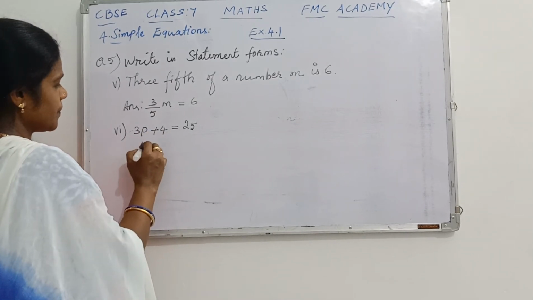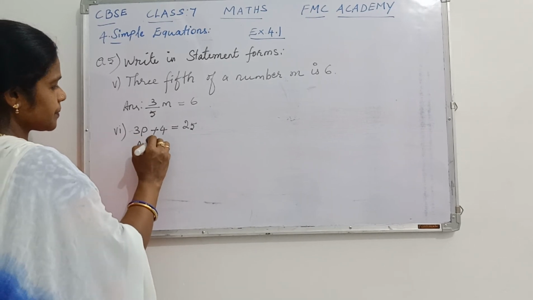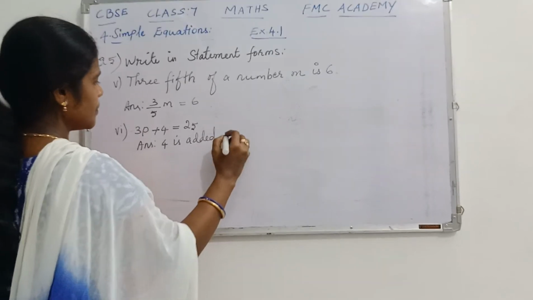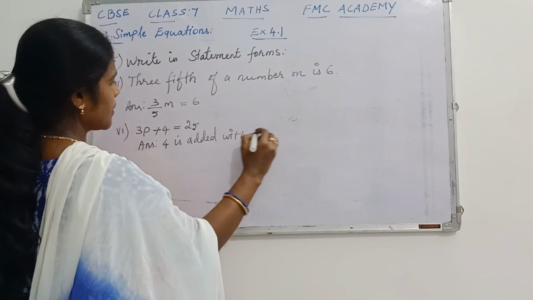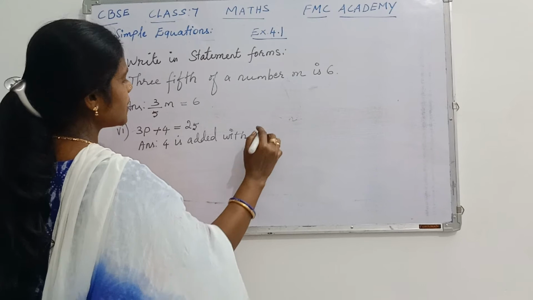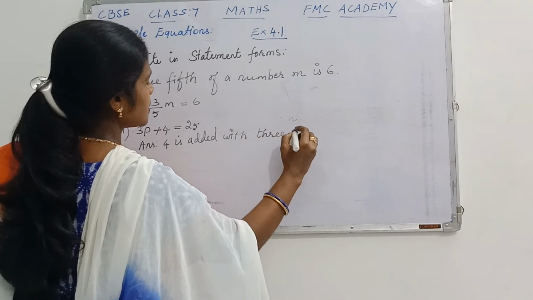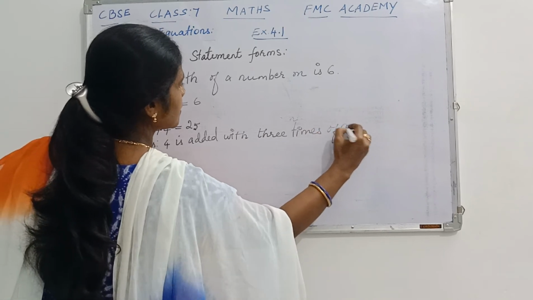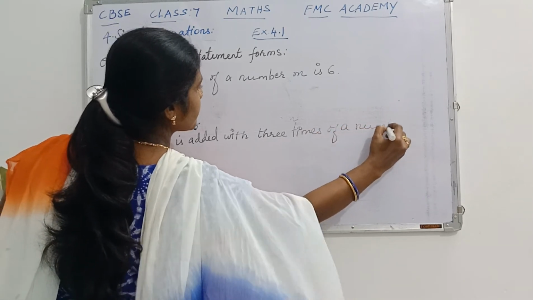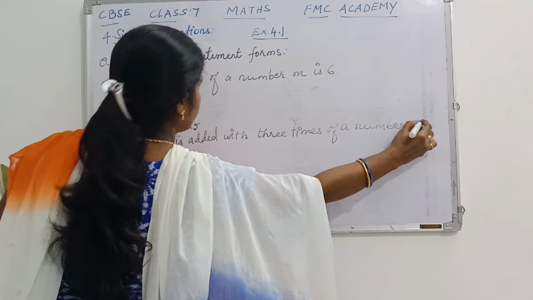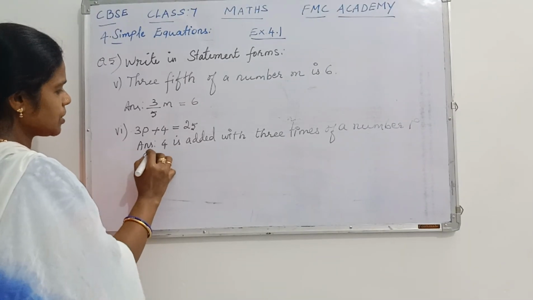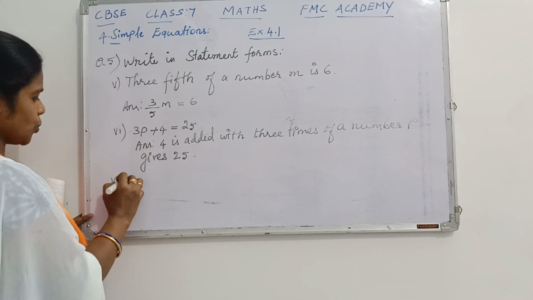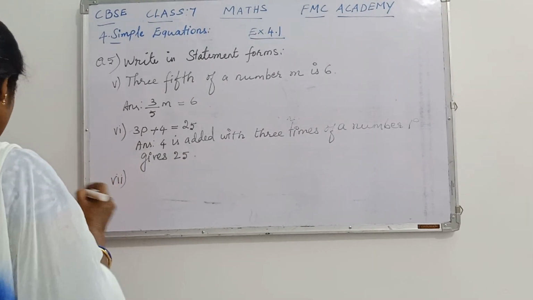Answer is 4 is added with 3 times a number p gives 25.